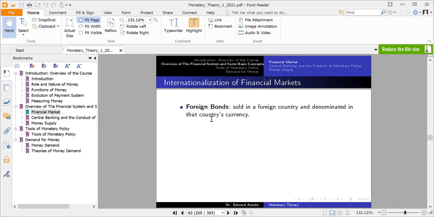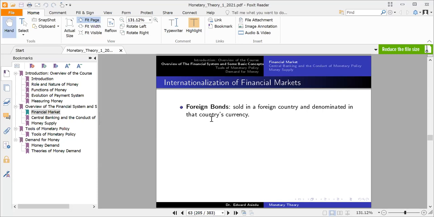Okay. It means that if Ghana government is paying back the bond, it has to pay back in that currency in the US. And it has implications, right? If you sell me a local bond, which is denominated in cedis, in a high inflation environment, I may lose value. So people will not want to buy the local bonds.